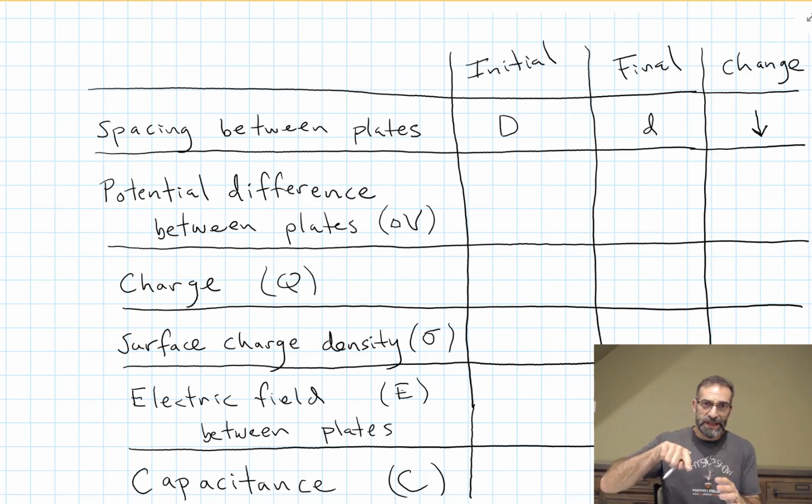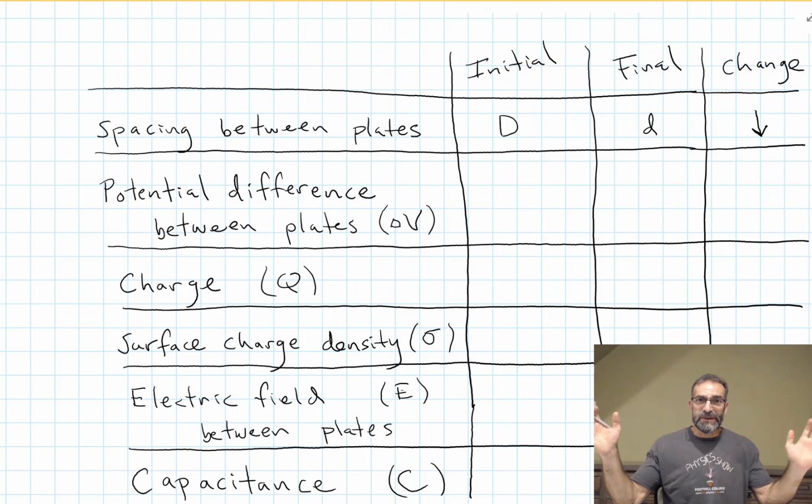There's no connection from one plate to the other. If it's hooked up to a battery, there's a connection from one plate to the other through the battery, and charges can move back and forth. The battery will move the charges back and forth to keep the potential difference fixed, because that's what a battery wants to do. It wants to keep a fixed potential difference between its terminals. But if there's no battery, if these plates are just isolated from each other, there's no place for the charge to go. The charge is fixed.